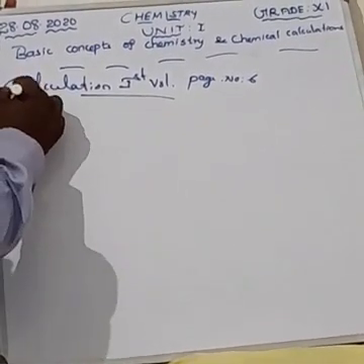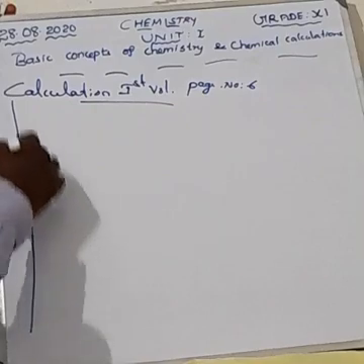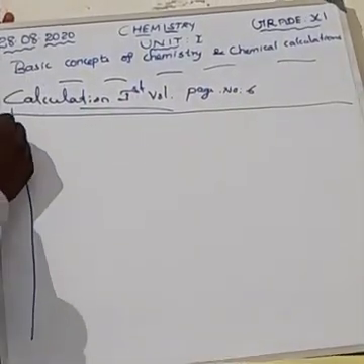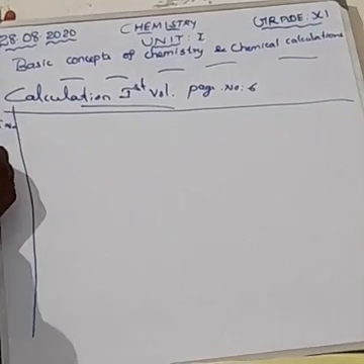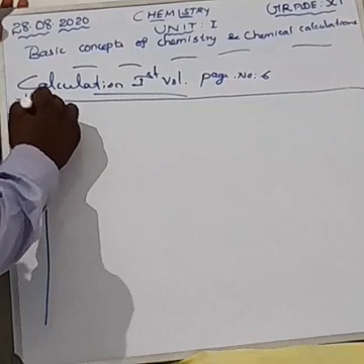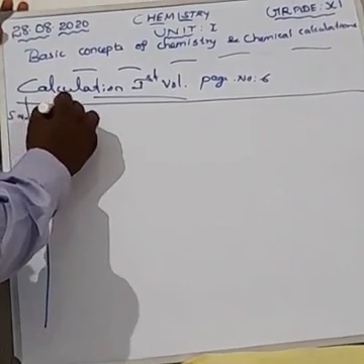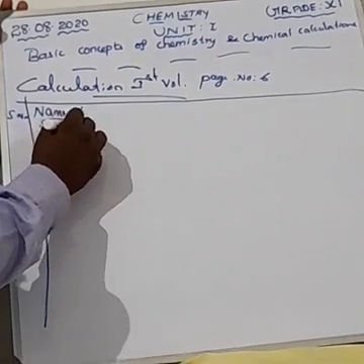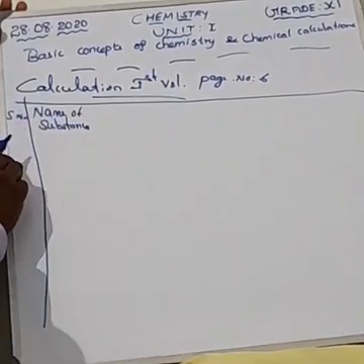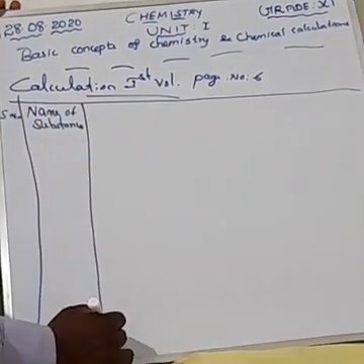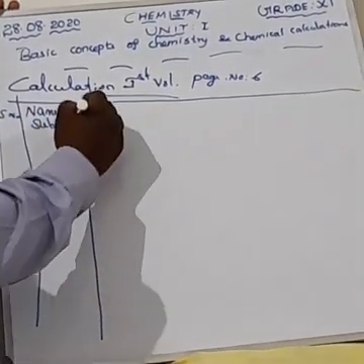First one is serial number. Next one, name of the substance. Second one, name of substance taken.